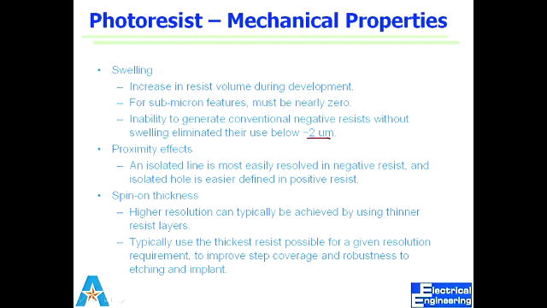What can we say about making a line and making a circle in resist? A line is easy to define in negative resist, and holes are easy to define in positive resist. Think about it.